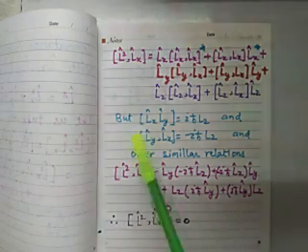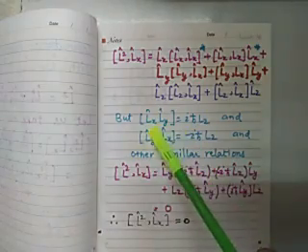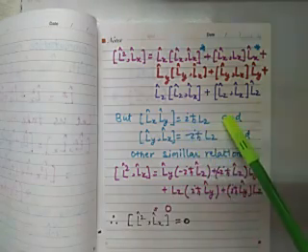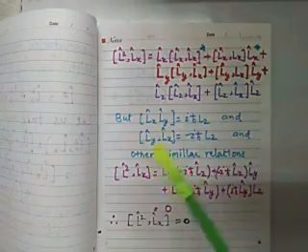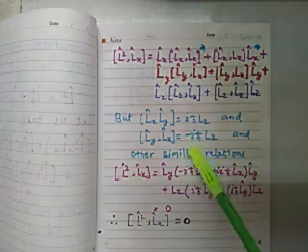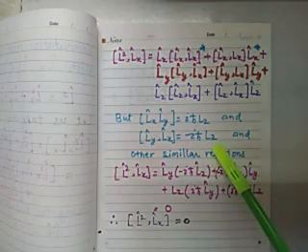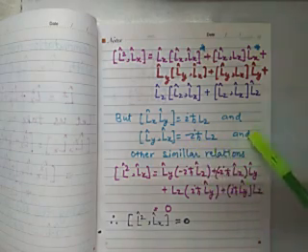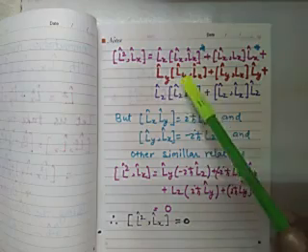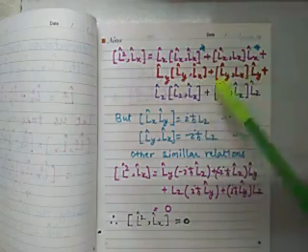But we know that the commutation relation of Lx and Ly gives us iħ Lz, and if we change the order of commutation, we get [Ly, Lx] equal to minus iħ Lz. And similar other relations, we put in the values of the commutation relations [Ly, Lx] and [Lz, Lx].